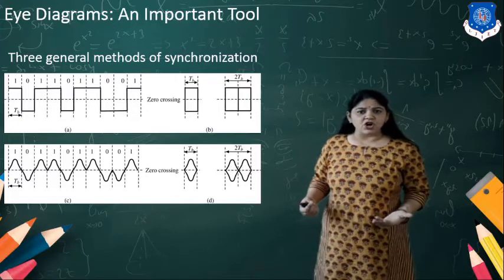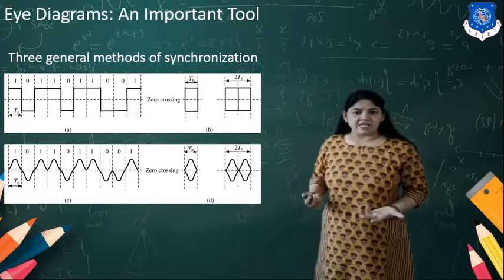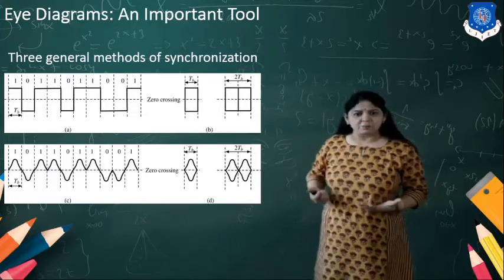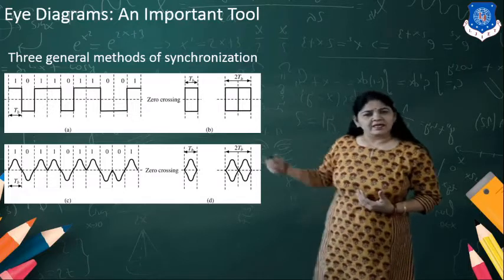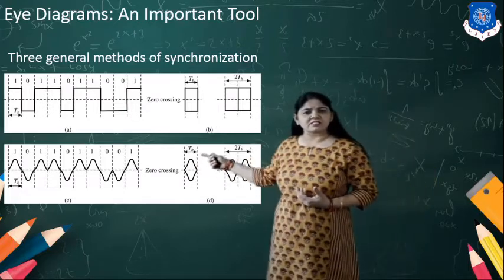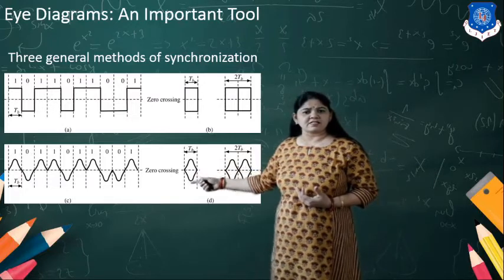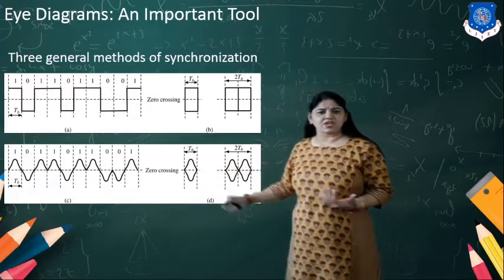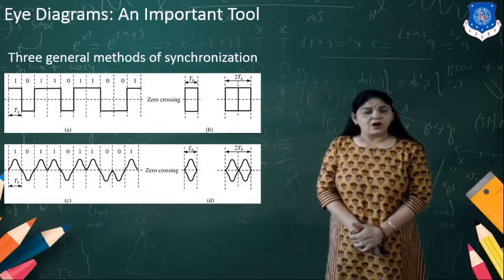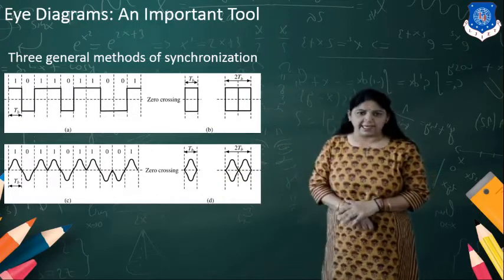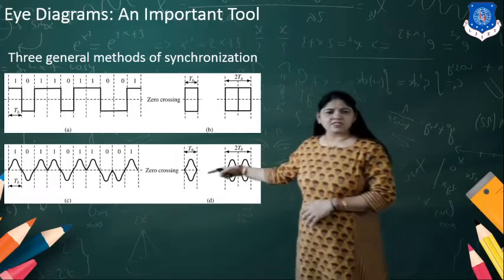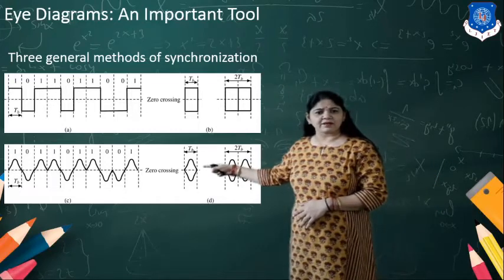When you draw the eye diagram, or display all the data on the CRO, it may look like this. So what is it? When you see the shape of all these waves on the CRO, it looks like an eye. This waveform is for one bit.